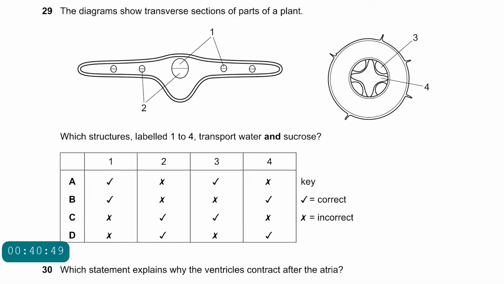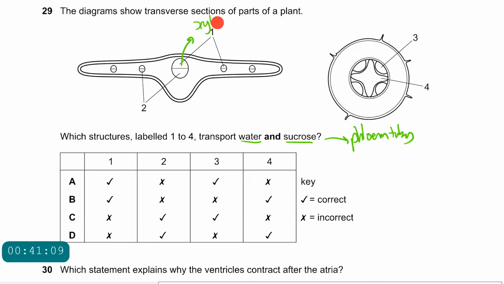29. The diagram shows transverse sections of parts of a plant. Which structures labeled 1 to 4 transport water and sucrose? What transports water and sucrose is definitely the phloem sieve tube elements. Therefore, in a leaf, the xylem is upwards and the phloem is downwards.